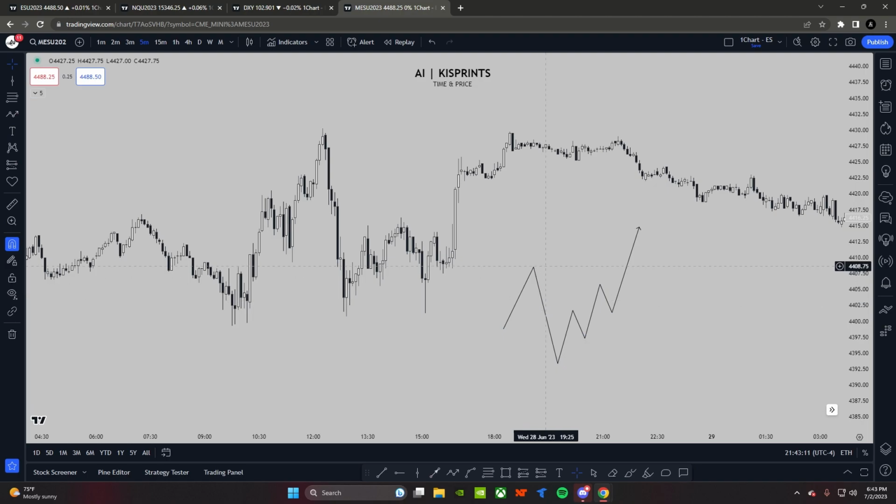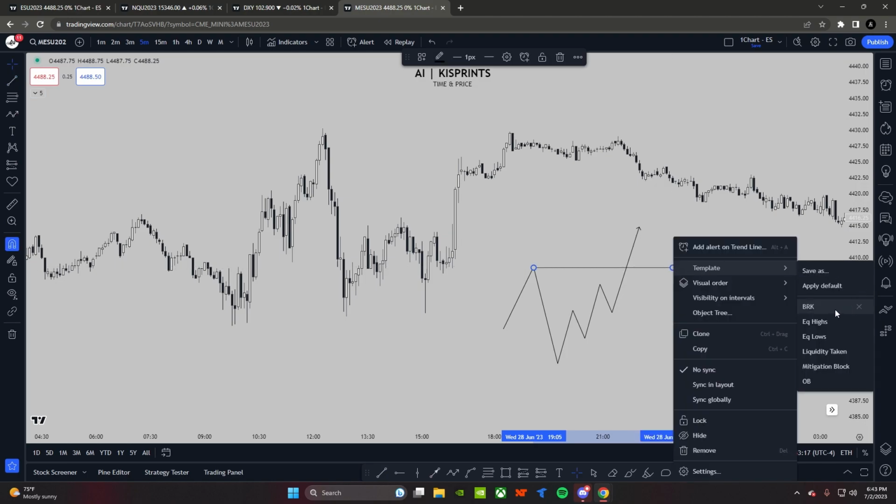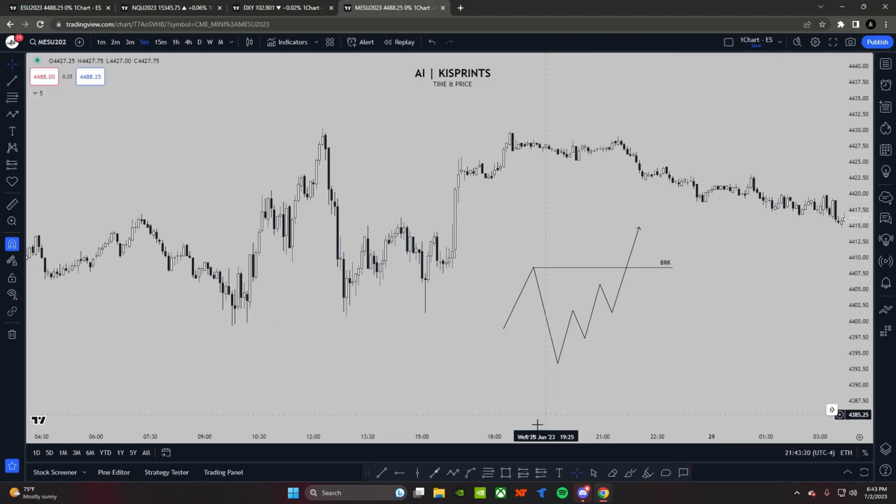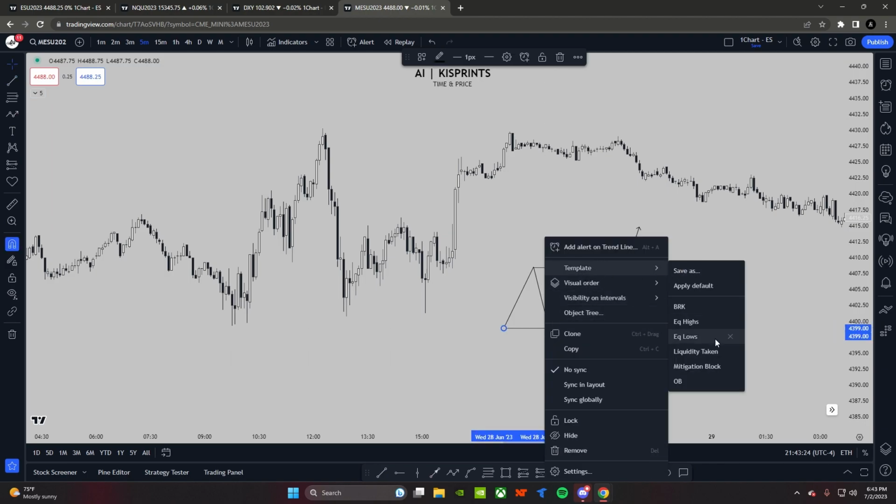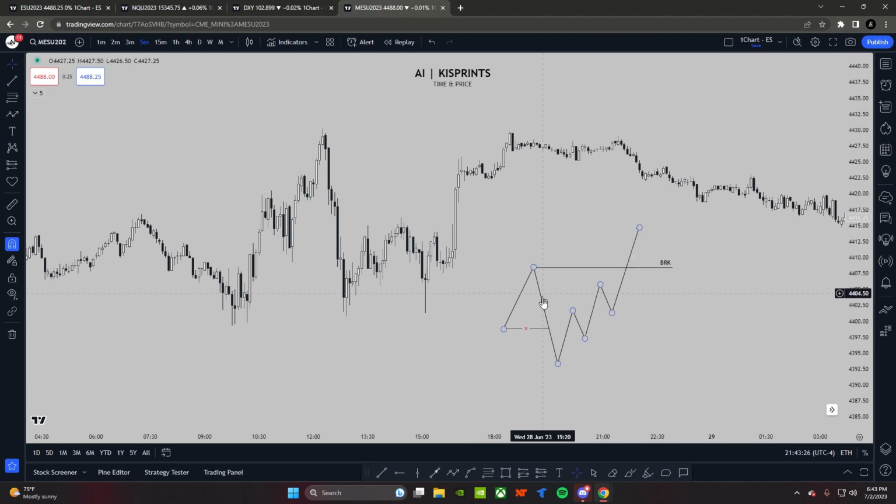So we have our breaker block here. This is our breaker, since we took liquidity here. We took liquidity, and our breaker is up here.